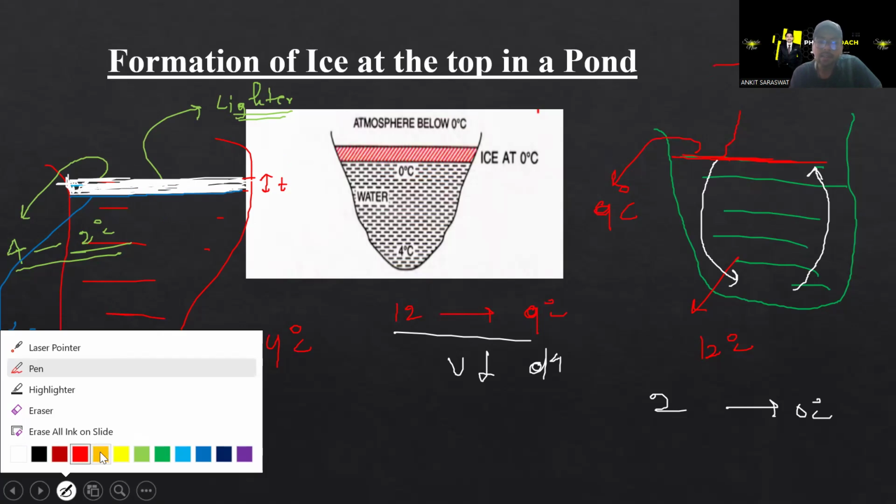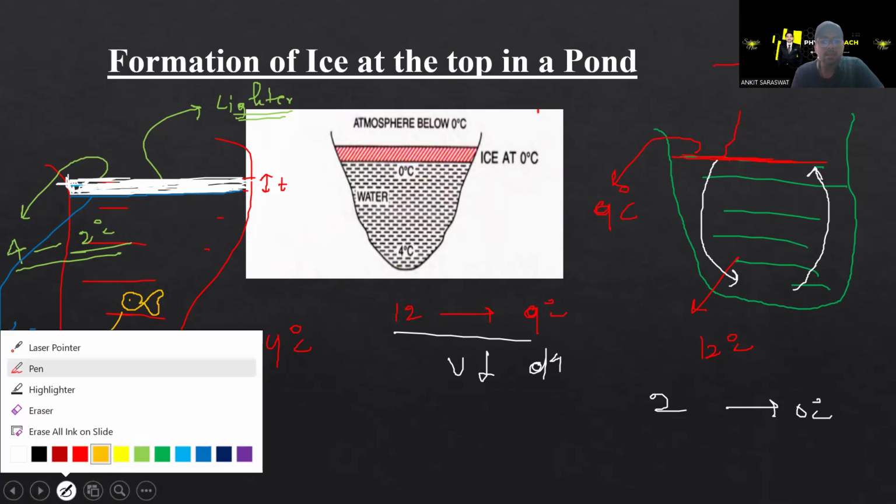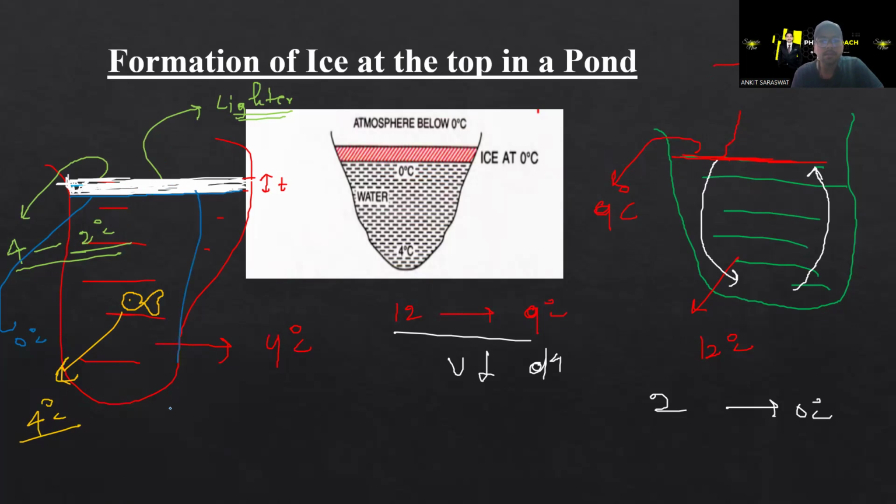If any aquatic animal, let us suppose any fish, is living inside this pond, the fish will get 4 degrees Celsius temperature, so it will survive. It will not die. And one more thing, this white ice becomes a protective shield. Ice is a poor conductor of heat.